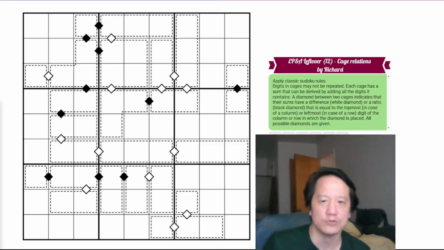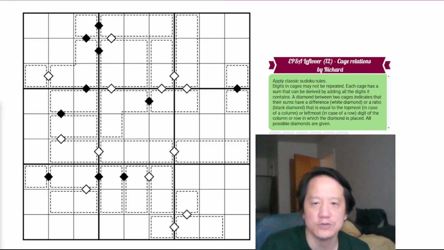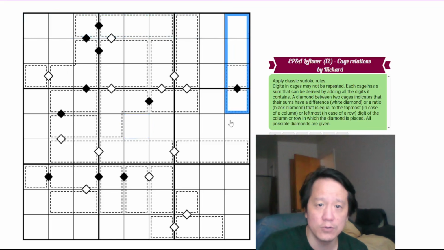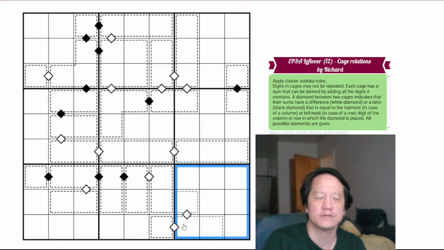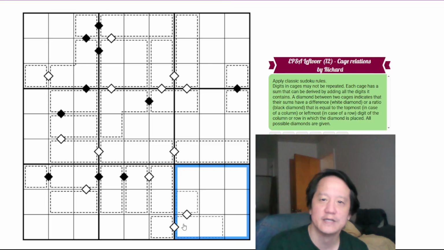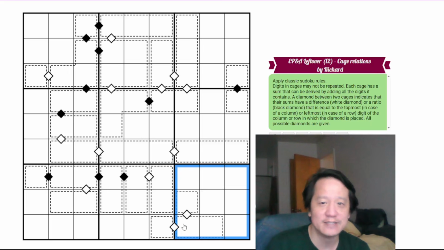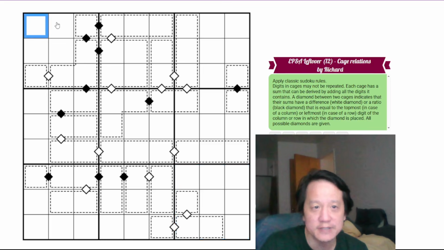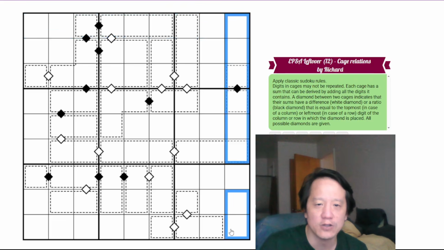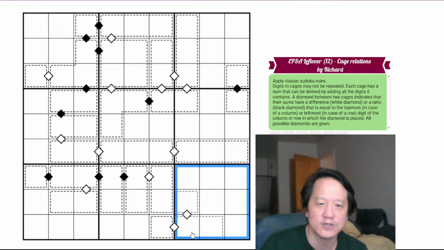And here are the rules. Apply classic Sudoku rules, which means place a digit from 1 through 9 such that there are no repeats in any row, column, or designated 9-cell region.